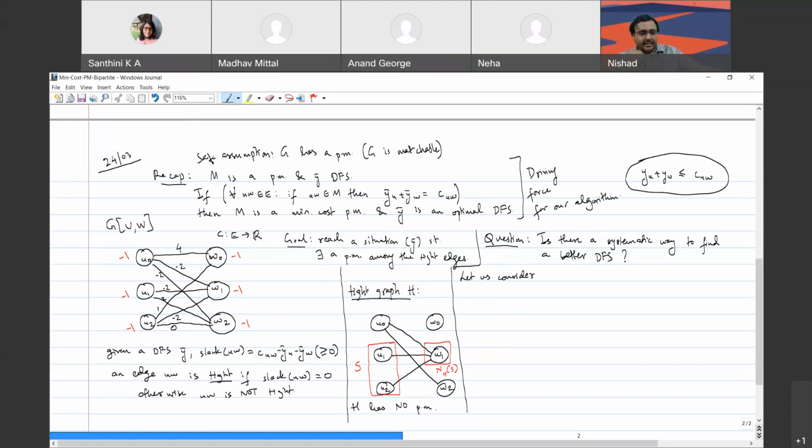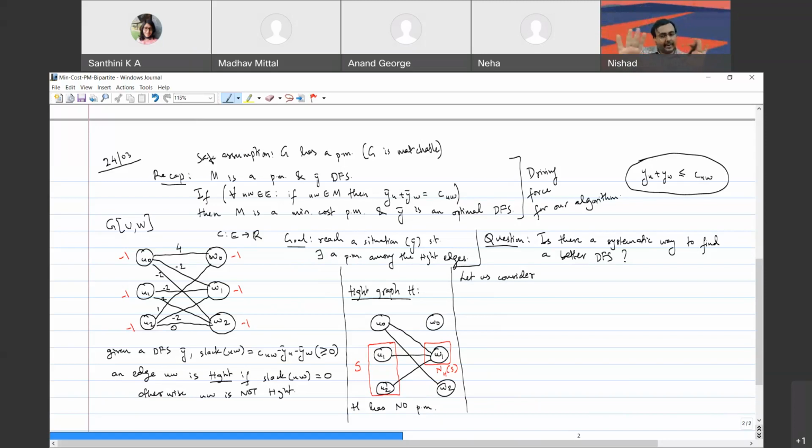You could be wrong, it's fine. From S to N_H(S). Right, that's good. We will do that exactly. So the vertices in S, we will increase by some epsilon, or I think I call it beta. We'll increase it by some beta. And for all the vertices in N_H(S), we'll decrease by a certain beta, right?